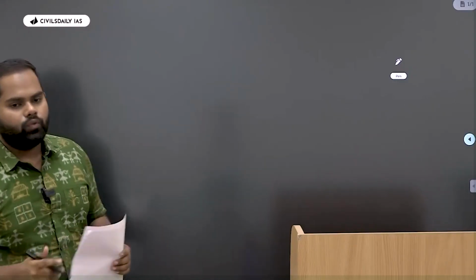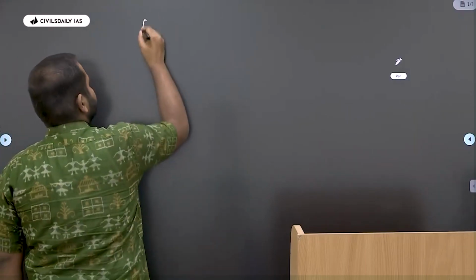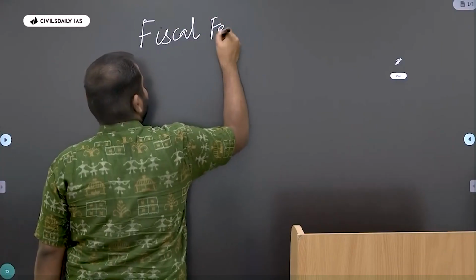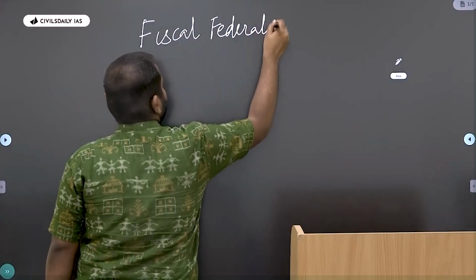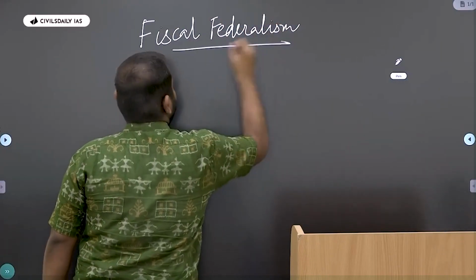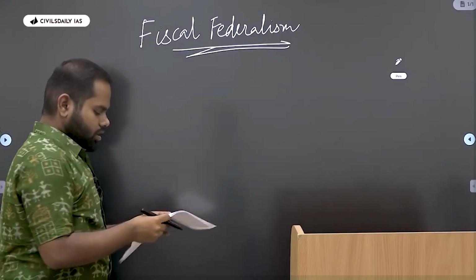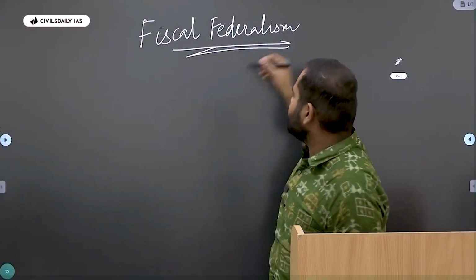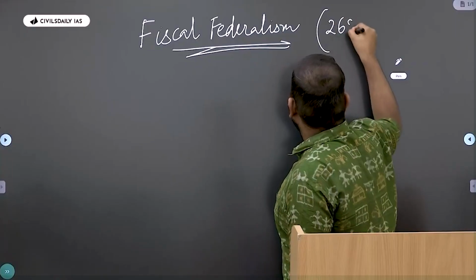What other dimension is important in federalism, do you think? Another is fiscal federalism, which could be a question in itself. If there's fiscal federalism, without saying, you have to write Articles 268 to 293.